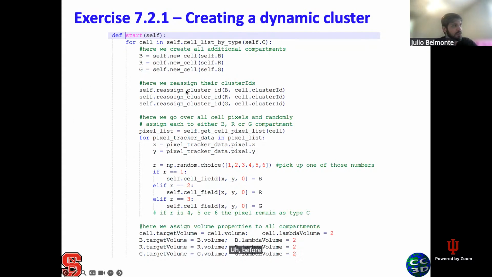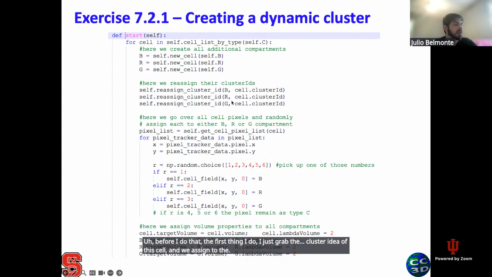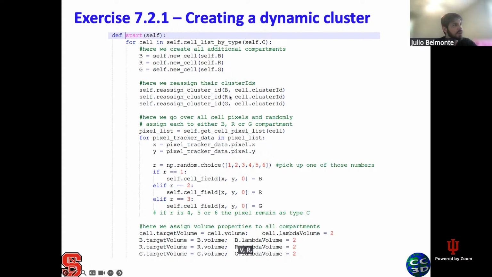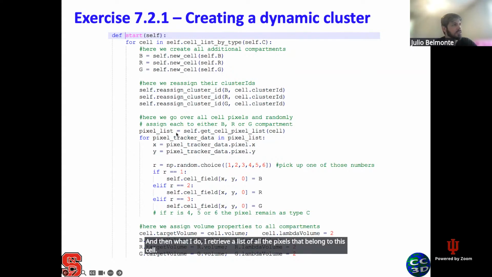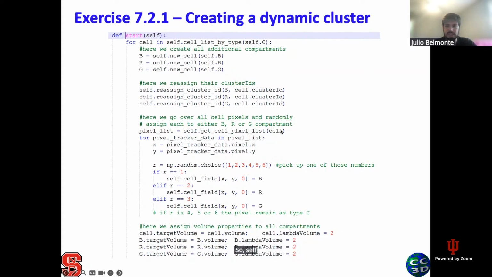Before I do that, the first thing I do is grab the cluster ID of the cell and reassign it to the B, R, and G new cells. So they are part of the same cluster. And then I retrieve a list of all the pixels that belong to this cell. So self get cell pixels list, I got it.